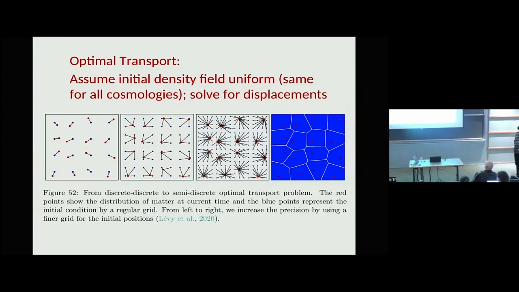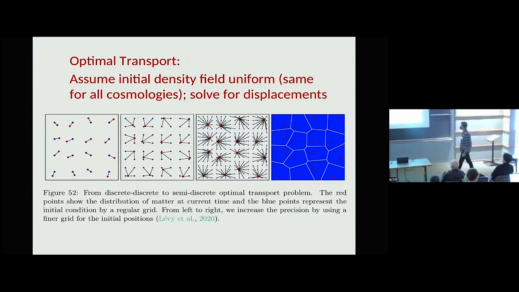And so the blue dots are a grid, and in most numerical simulations they do start on a grid. And so each particle has moved from its grid point to somewhere else. And so we're interested in figuring out, given that I saw the red guy, what blue grid point did it come from? So that's the question of reconstructing the initial conditions.